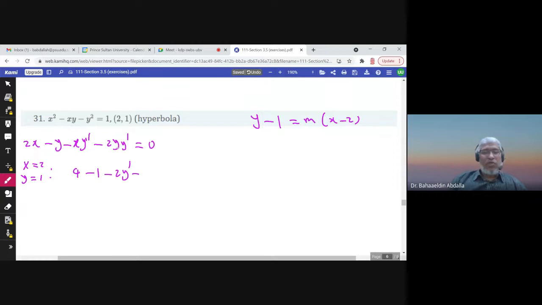Minus 2y, y is 1, equals 0. So 4 minus 1 is 3. Negative 4y prime, take it to the other side, it would be 4y prime. So y prime is 3 over 4. So this is the equation of the tangent line.